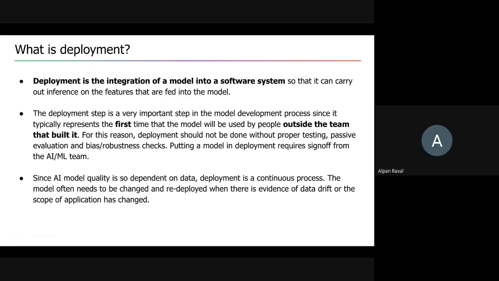Now, one thing everybody in our team should be very clear about with regard to AI deployments is that there's a fundamental difference between AI deployment and other types of software deployment, which is that AI deployment is a continuous process. The reason it's continuous is this very issue of data drift.